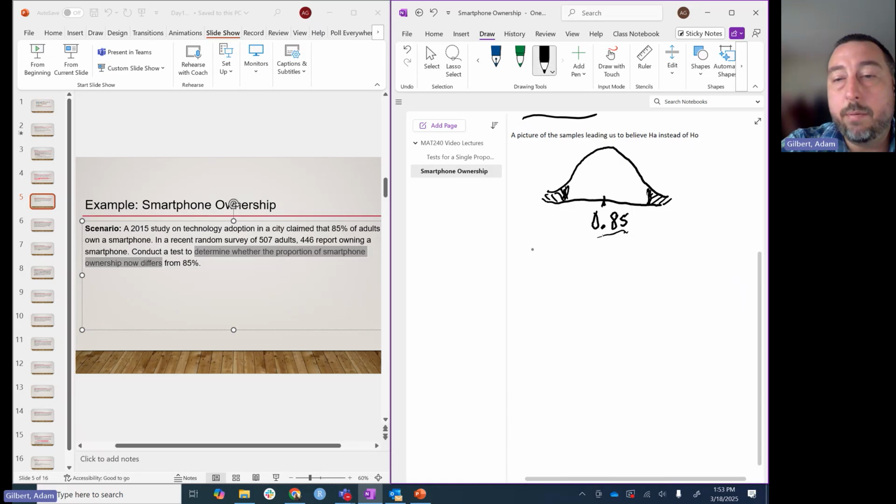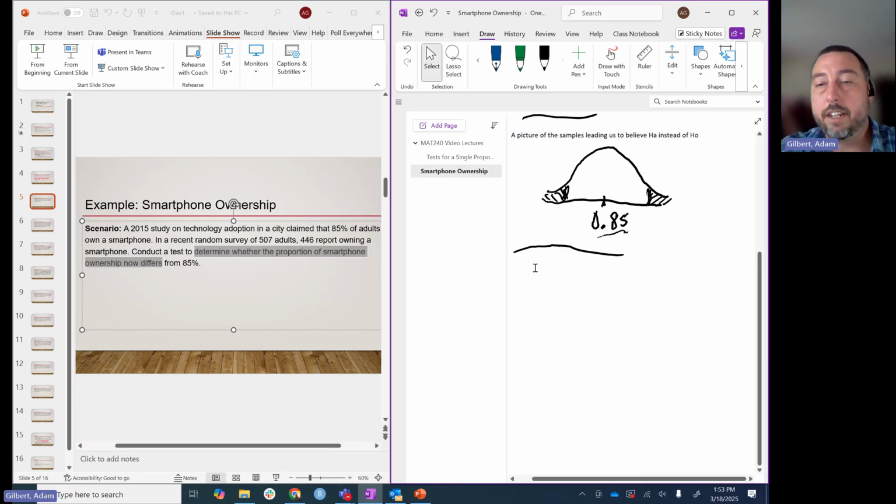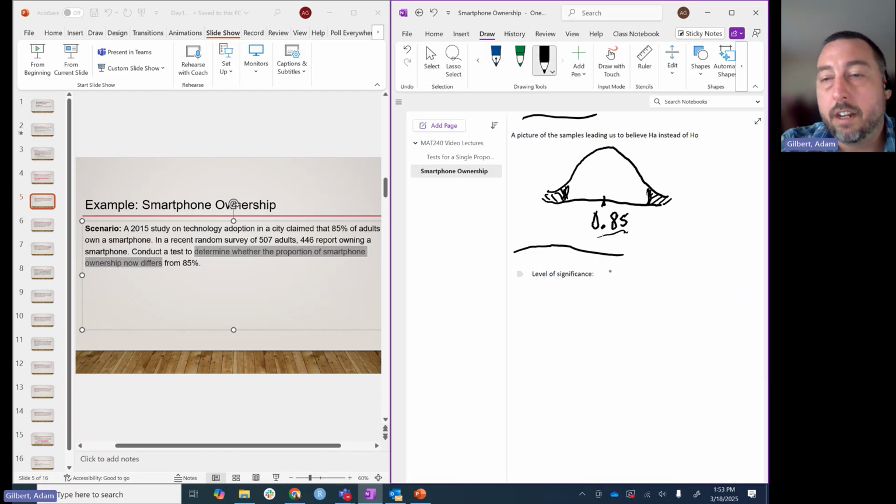Here, the next thing we want to do is set our level of significance. Our level of significance is what it means to be unlikely. The symbol that we've been using for that is alpha. That's a standard symbol.